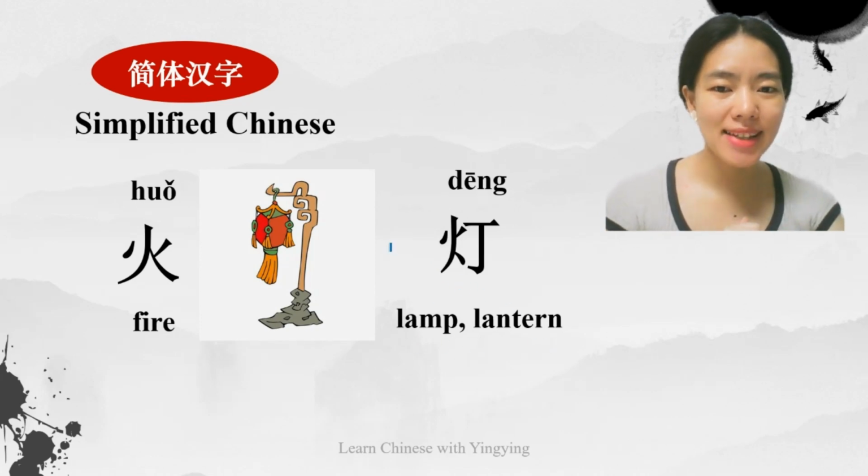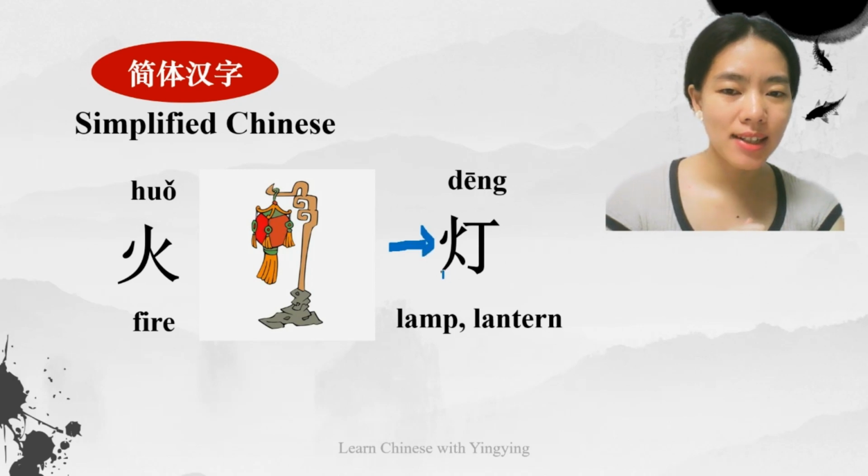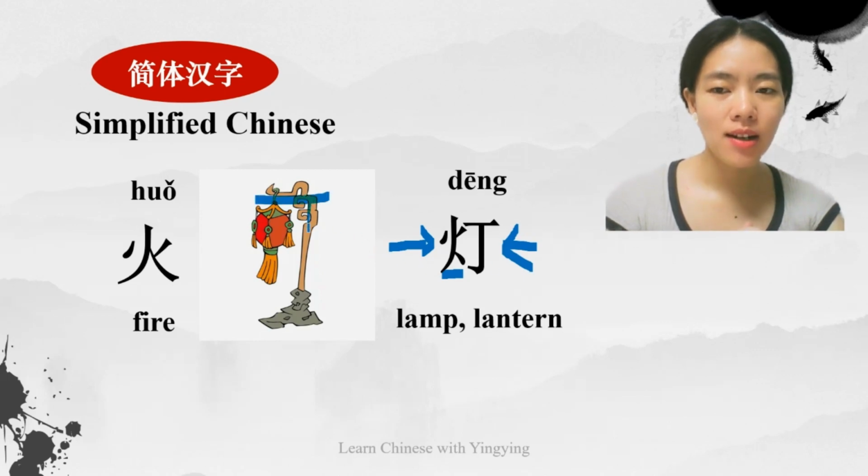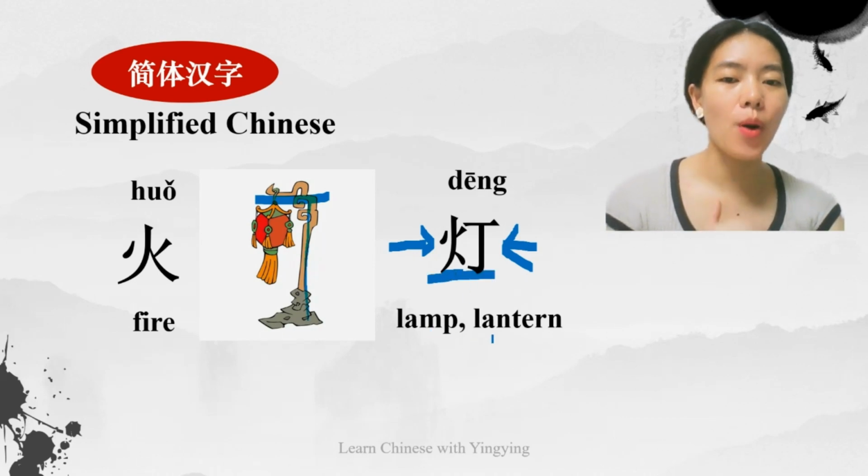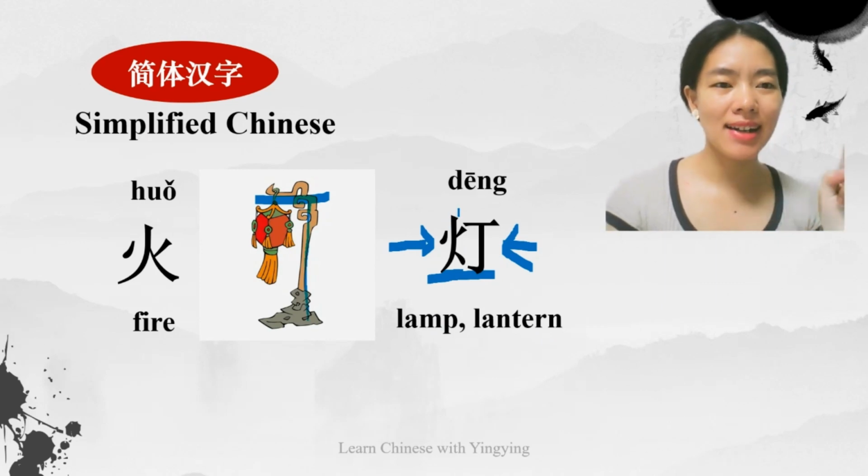Do you notice the left part is a 火, and the right part is the shape of a lamp or lantern? So this word means lamp or lantern, and the pronunciation of it is 灯, 灯.